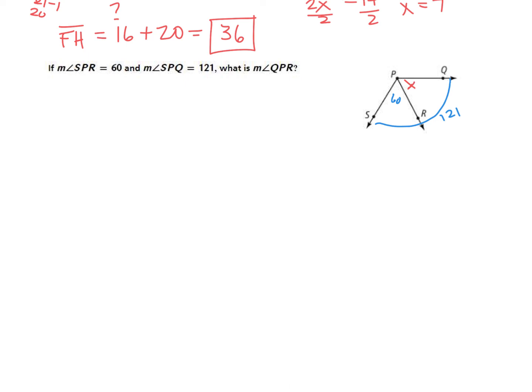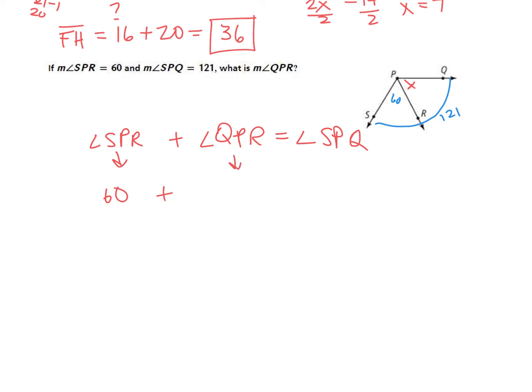Well, we know that two smaller angles add up to the bigger angle with the angle addition postulate. So angle SPR plus angle QPR equals angle, the big one, SPQ. We know the angle SPR is 60.